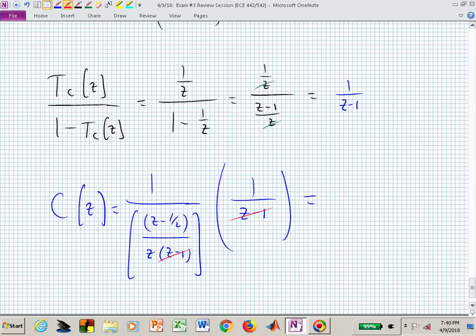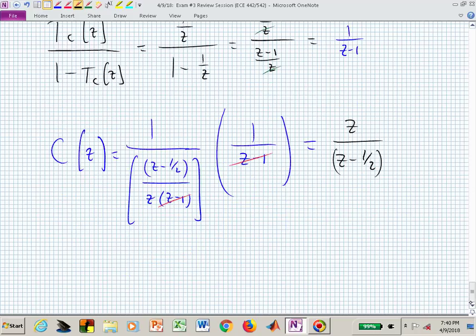The denominator becomes the numerator, and C of z now becomes z over z minus 1 half. That's our controller based on a Ragazzini design that gives us a desired closed loop transfer function of 1 over z. And now we could look for the answer in the back of the book if we wanted to.